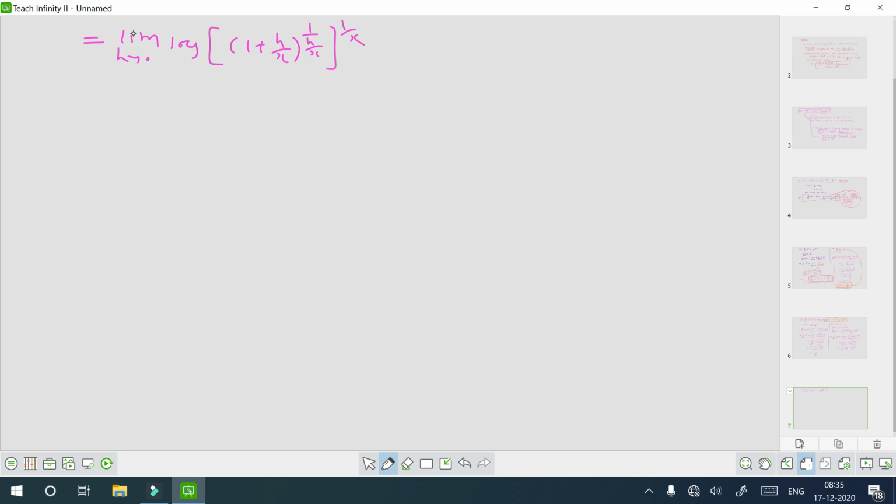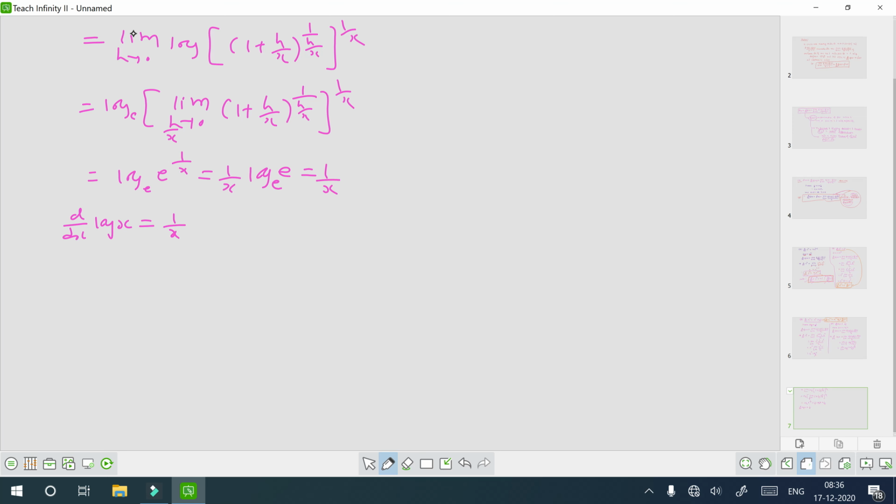Yes. Now log outside, insert limit inside, limit h tends to 0, 1 plus h by x, here h by x tends to 0, raised to 1 over h by x, raised to 1 by x. So this one is log e, this one is e raised to 1 by x. So that is equal to 1 by x log e base e, that is 1 by x. So what we proved? d by dx of log x is equal to 1 by x.